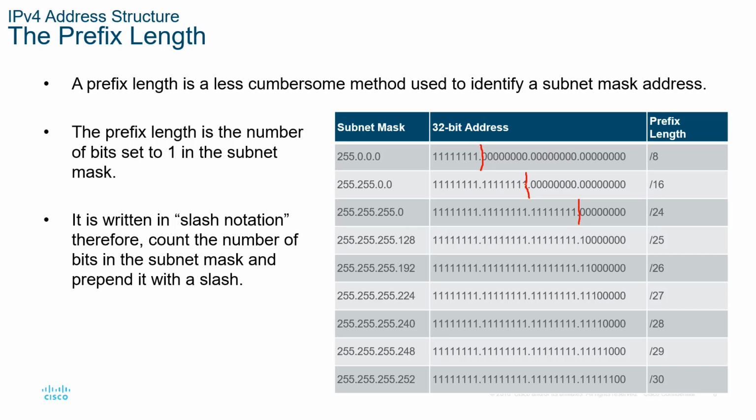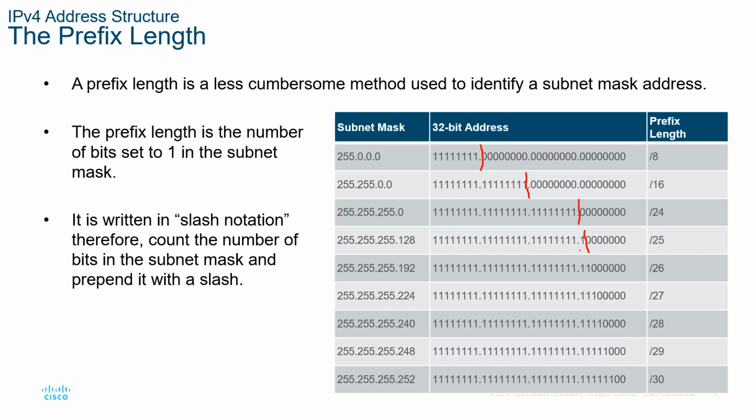These are all on a boundary level: first octet between the first and second, here between the second and third, here between the third and the fourth. This one happens to be in the fourth octet. It's not on the boundary, but the 0 is the host. This is the network portion, even though it's not on that dot boundary.